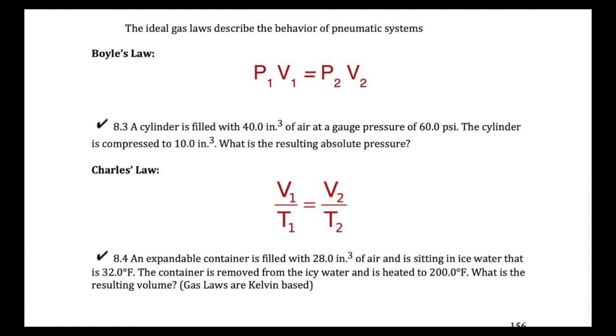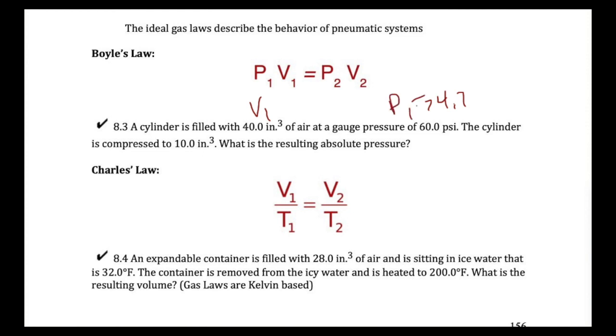We're going to add 14.7 to the 60. The cylinder filled with 40 cubic inches, we're going to call that volume 1. The gauge pressure is 60 plus 14.7, which should be 74.7. That would be pressure 1.